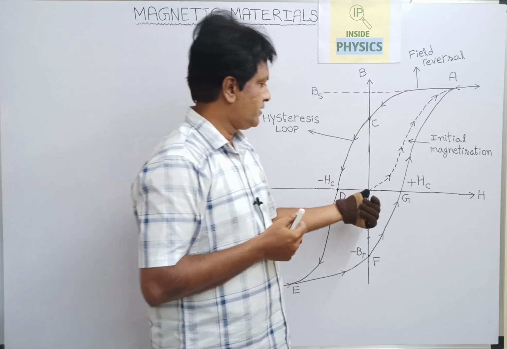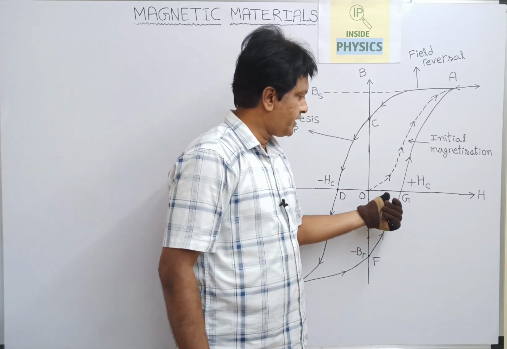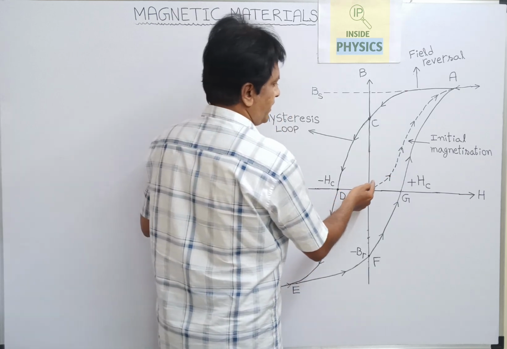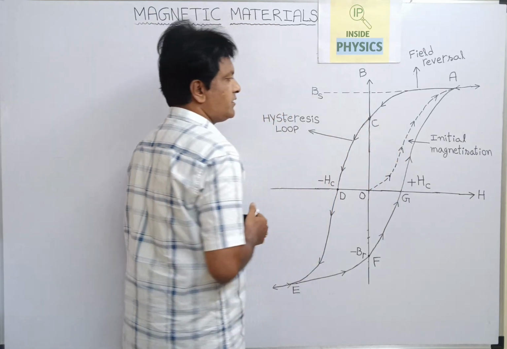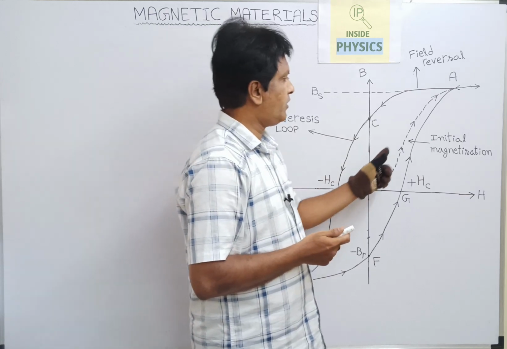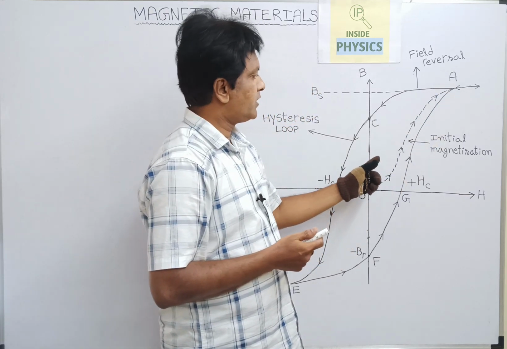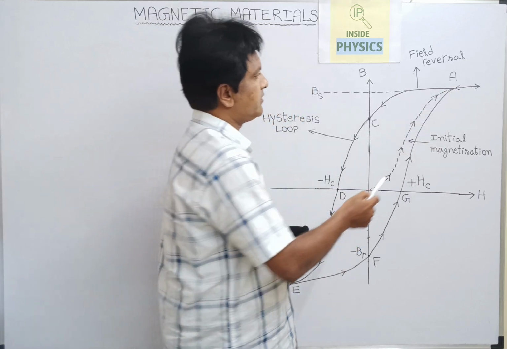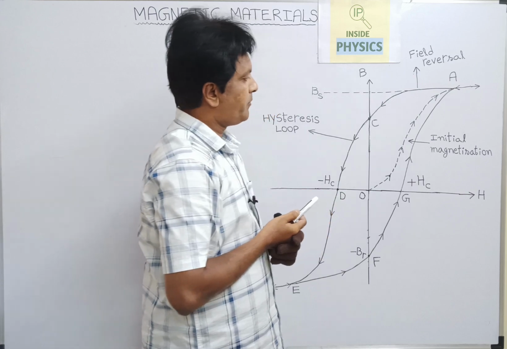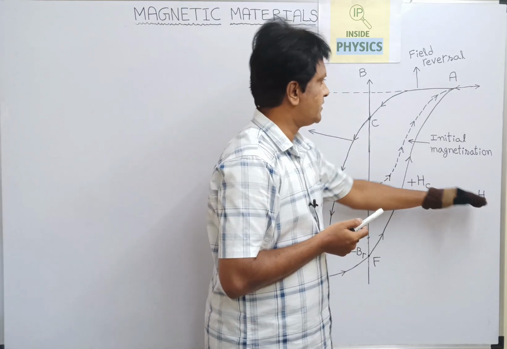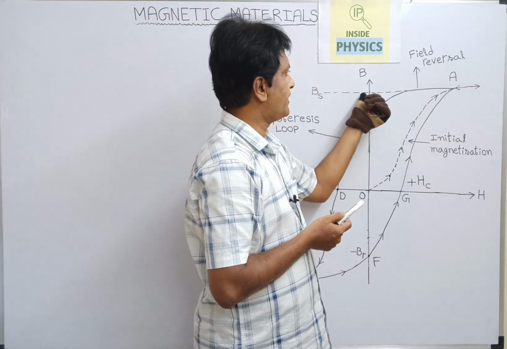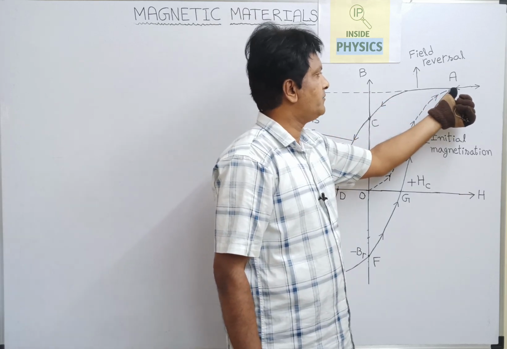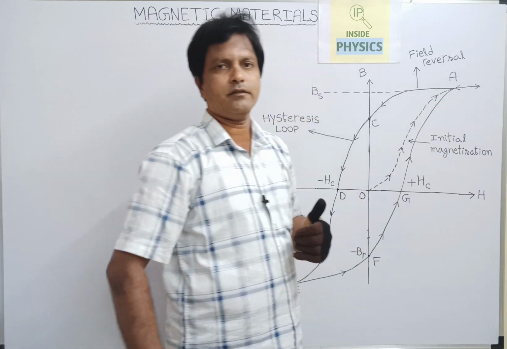Observe that whenever we apply the magnetic field and increase it, the magnetic induction or flux density inside the material also increases, continuously, along this dotted line. At this particular juncture, even though the applied magnetic field is increased, the flux density inside the material has come to a saturation point.